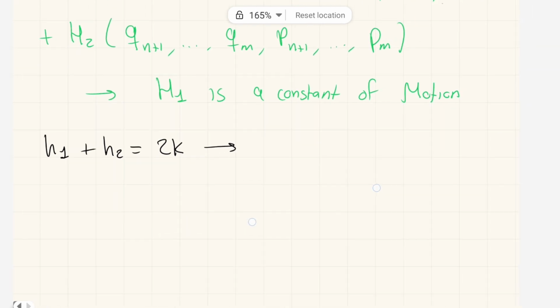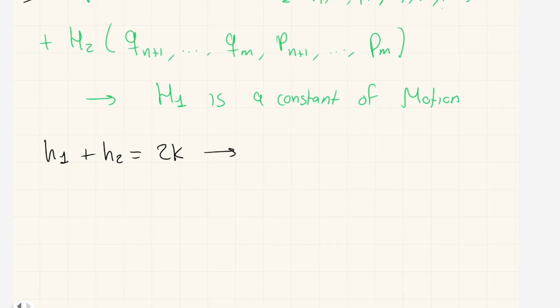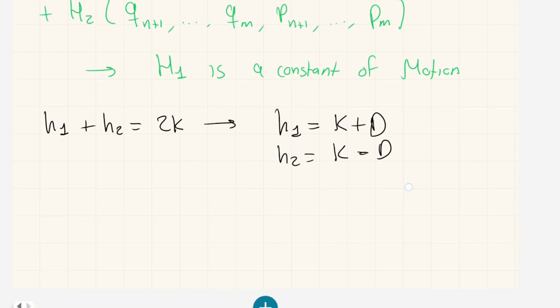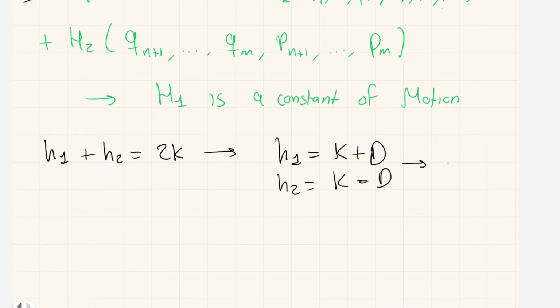So we could say something like this. We are going to say that h1 is equal to the variable k, and then plus a difference. We are going to name that difference d, and h2 will be that k minus that difference. You can see easily that if we sum this, we will get 2k.